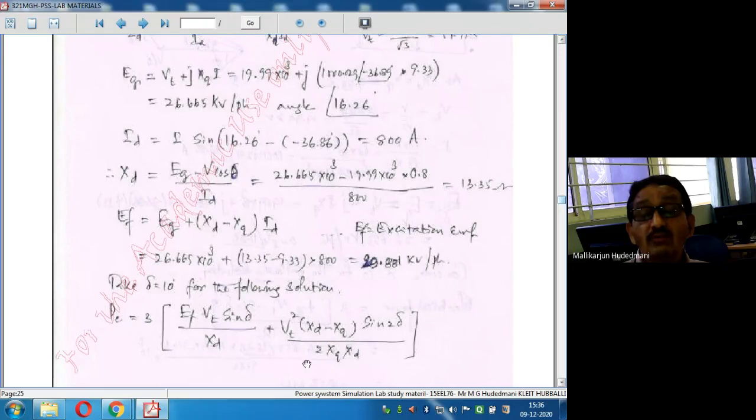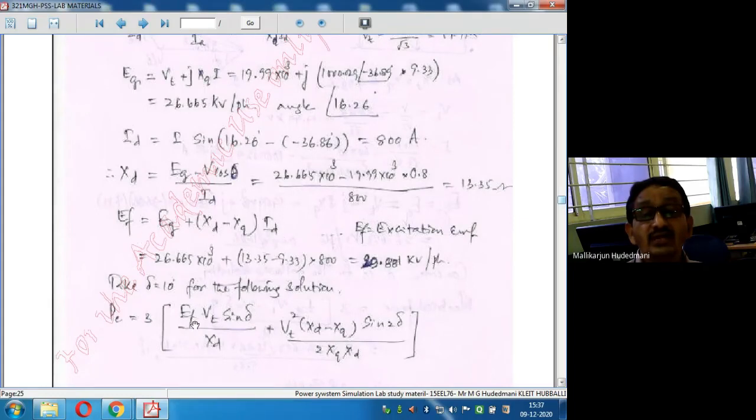Reluctance power is the oscillatory power flowing forward and reverse at twice the rate of fundamental frequency. The first one is the actual active power transferred. This expression involves the excitation EMF, which you could get from the internal generated voltage, the difference in Xd, Xq and Id.